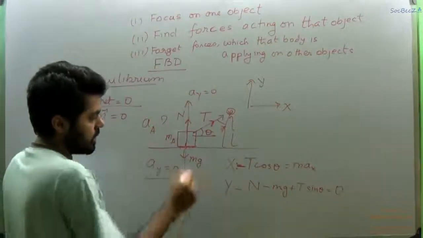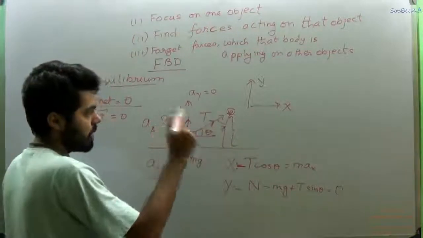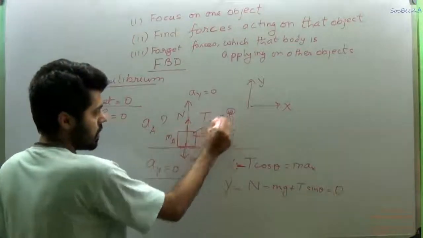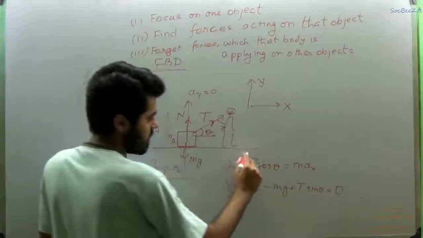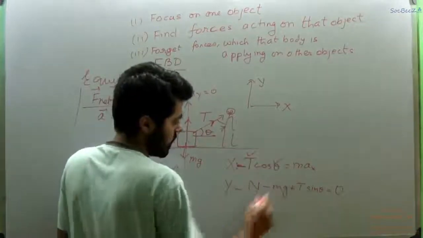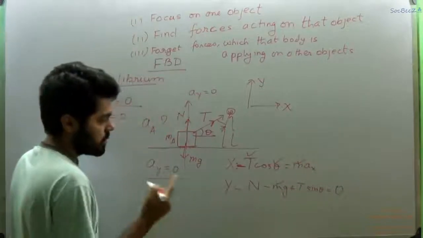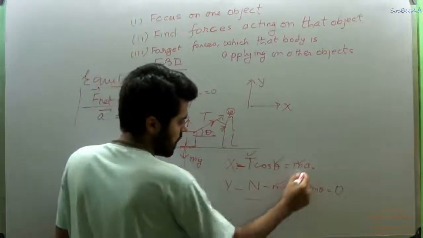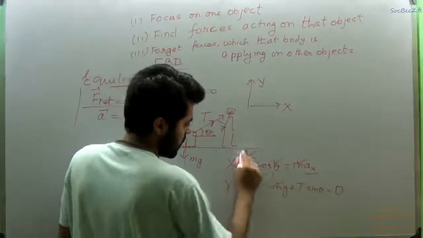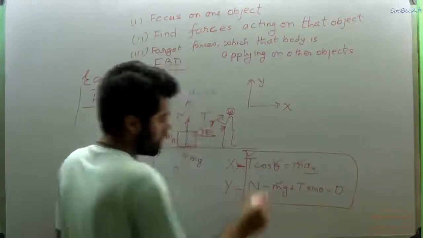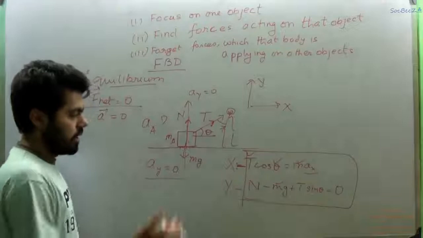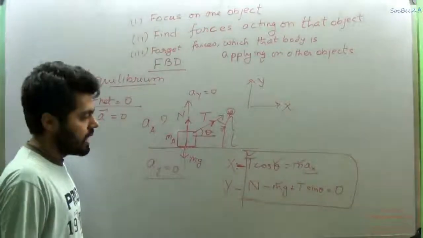It's given that T is just equal to the force being applied by the man along the string. So this P is given, this theta is given, this mass is given. We are left with just two variables, N and ax. This turned out to be a system of two linear equations.